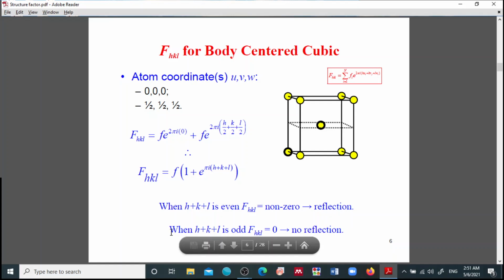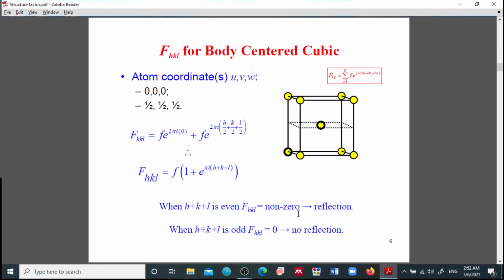And if h plus k plus l is odd, then F(hkl) is equal to 0, and we will get no reflection. So we will have no amplitude, no intensity, and no result, no reflection.